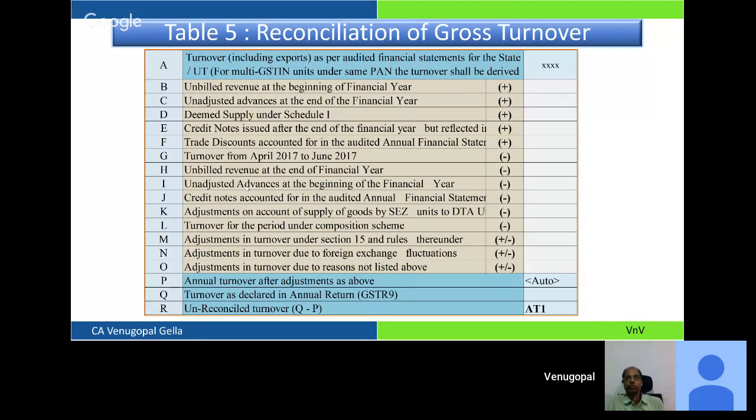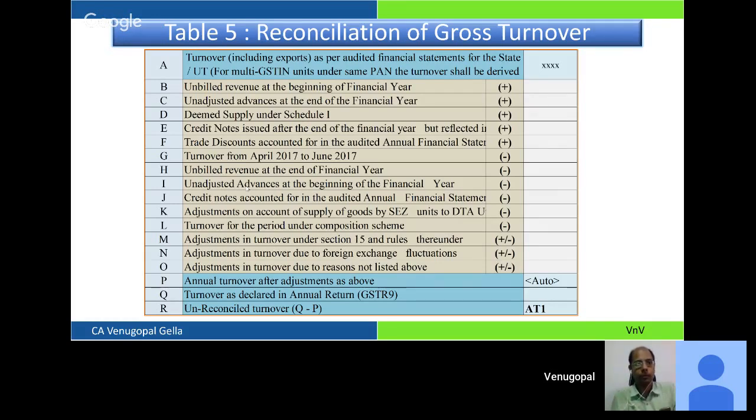Similarly, unadjusted advances: taxes are payable on the advances. However, it wouldn't form part of revenue in the financials. So you would do all the similar kinds of adjustments from 5A to 5O, and you would derive the turnover which is expected to be for the purpose of GST, that is 5P, which is auto calculated.